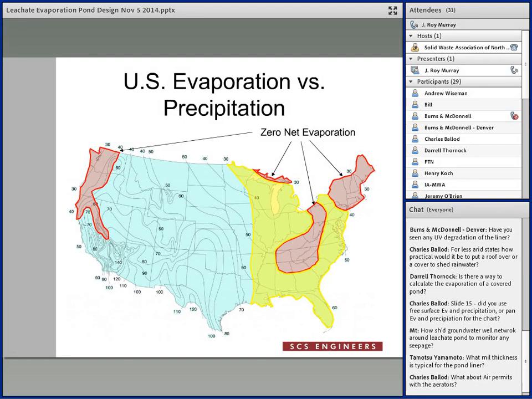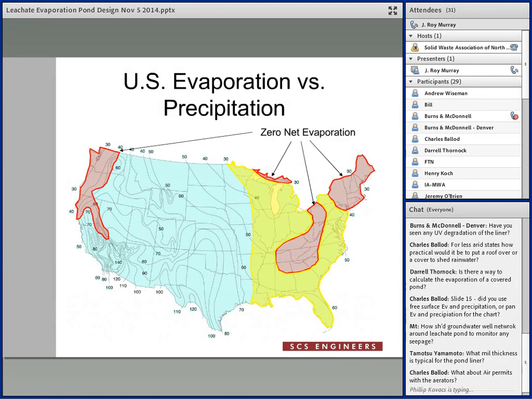Let's see. How should a groundwater well network be placed around a leachate pond to monitor any seepage? Well, you would want to locate the ponds such that if there was any leakage, your groundwater monitoring system was installed and operated sufficiently to pick that up, just like it would for a landfill.